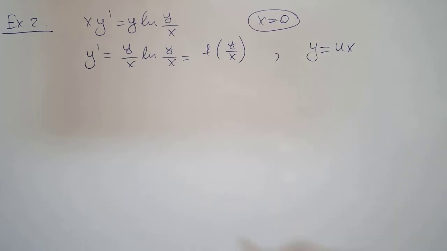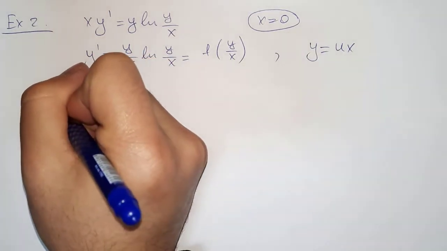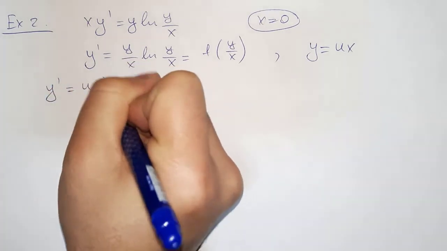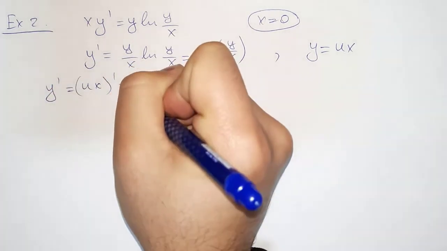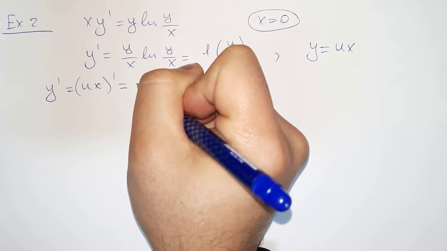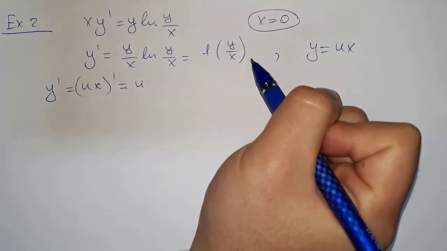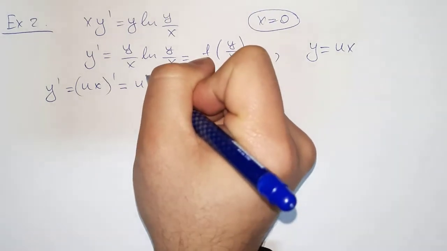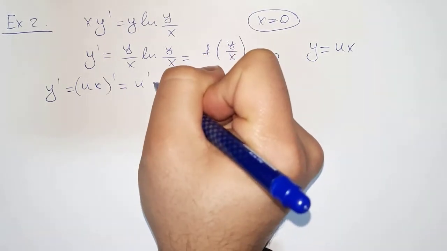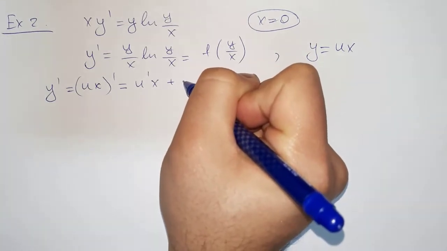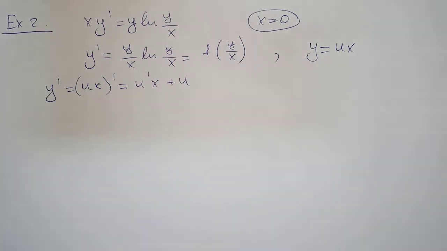Hence, y' is again (ux)', and let's write by derivatives, dy and dx, or just u'x plus x' u, where x' is 1, and just u.